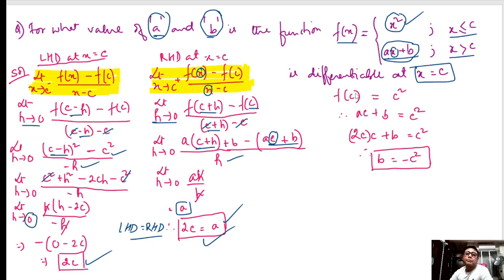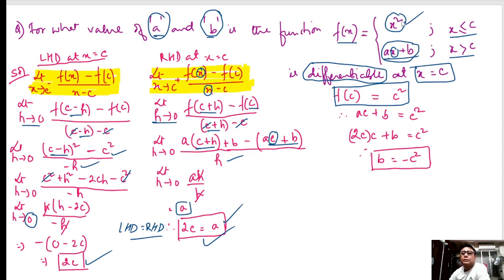Now at x equal to c, because it is differentiable, so it is continuous also. And for continuous, I have to find at x equal to c.